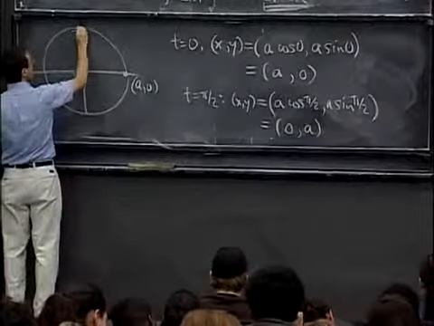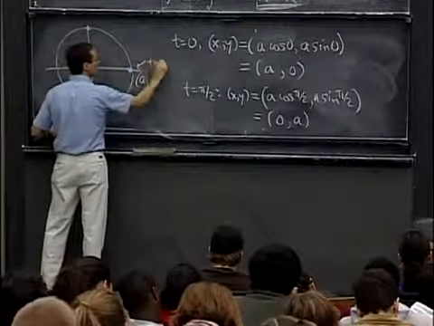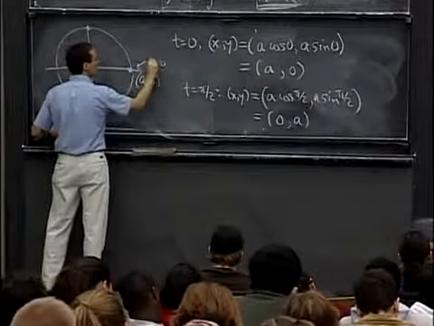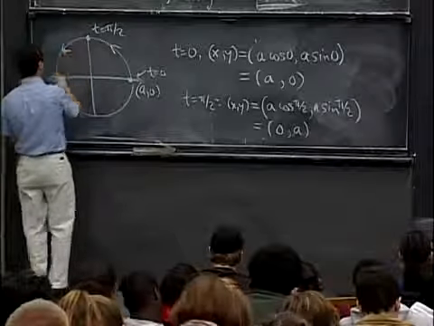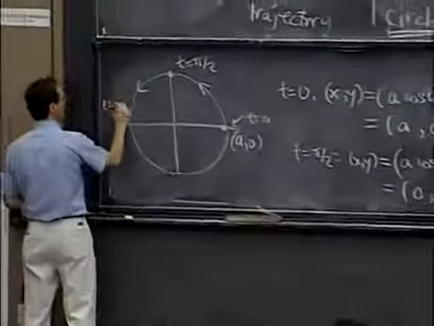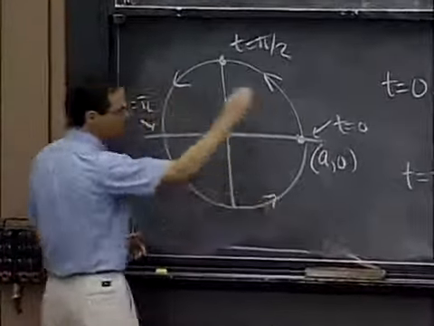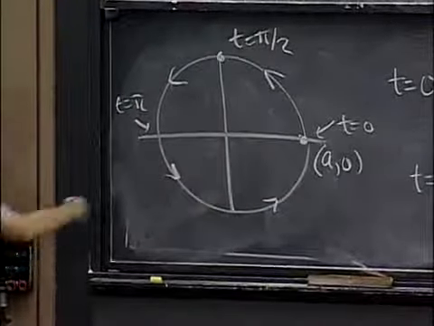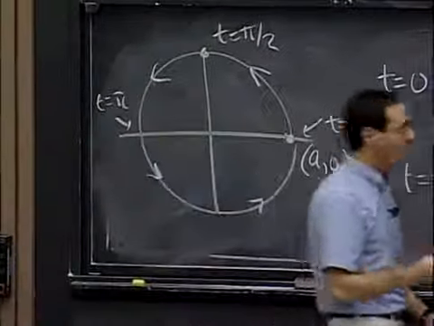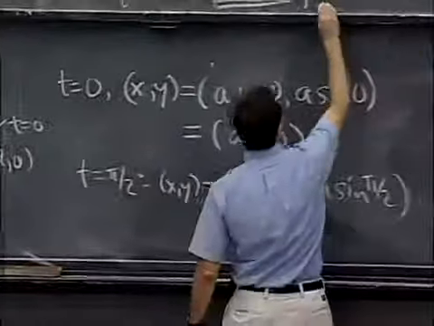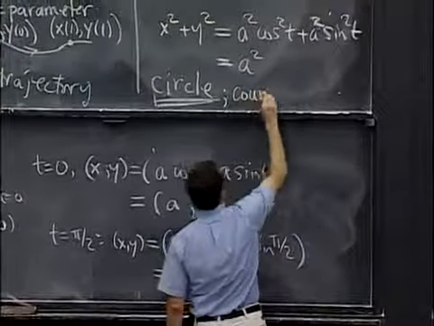So that's up here. This is what happens at t equals 0. This is what happens at t equals pi over 2. And the trajectory clearly goes this way. In fact, this turns out to be t equals pi, etc., and it repeats at t equals 2 pi. So the other feature that we have, which is a qualitative feature, is that it's counterclockwise.